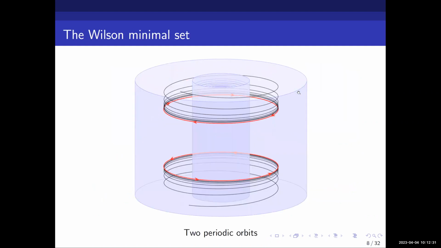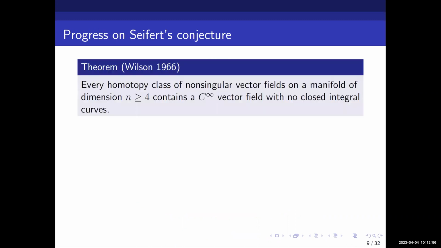So what you're going to get is a minimal set where, again, we don't have a global picture yet, but in the local picture inside this plug, all the orbits are collecting on these two periodic orbits. Everything else is escaping through the top of the plug.